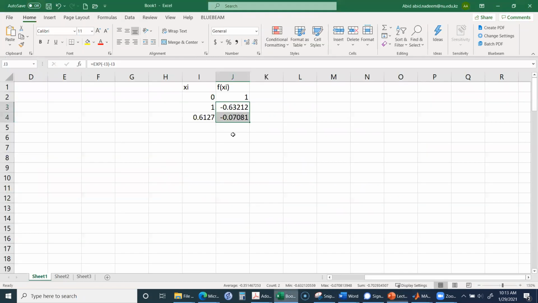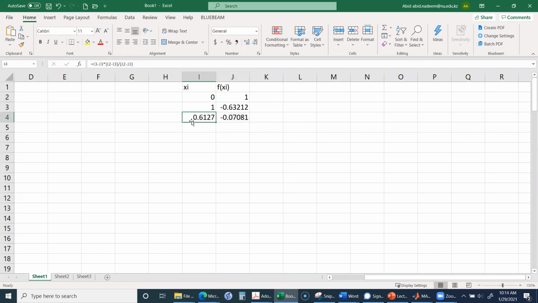So now if I go back over here, I can see that I will use this pair of values. Now you can see that the values of the function at both of these values are negative. In the false position method, if I was using it, I would take this and these two pairs for the next approximation.